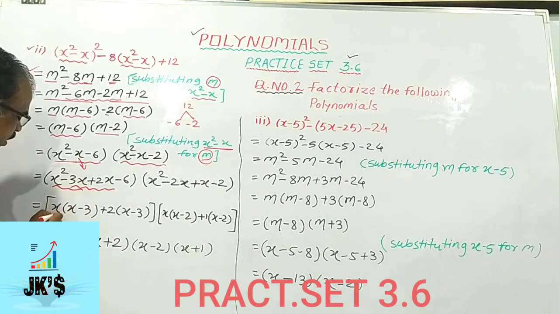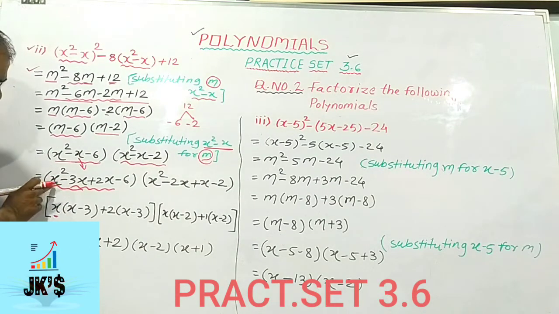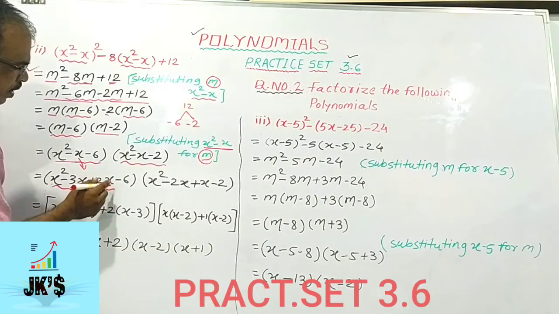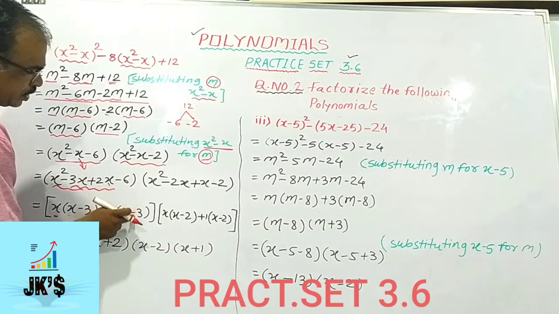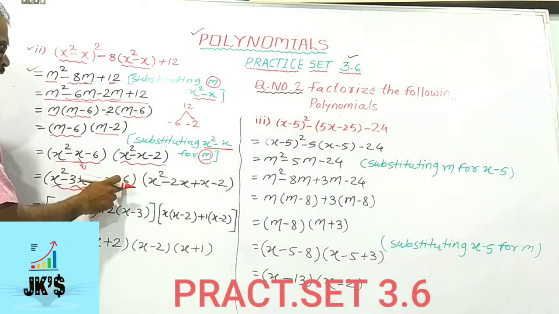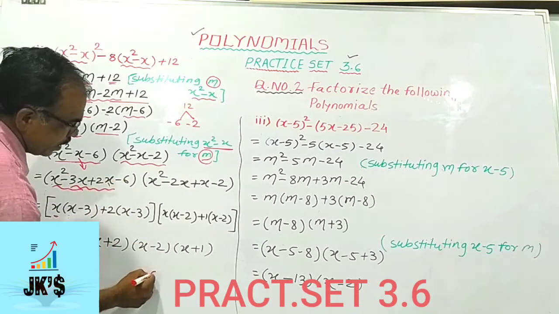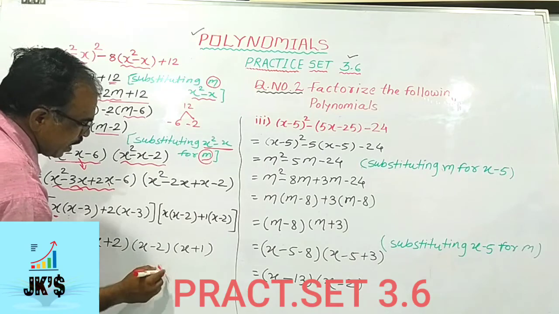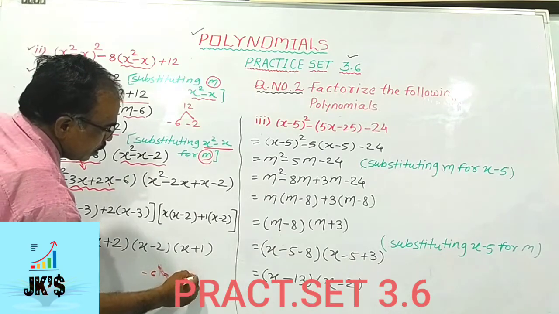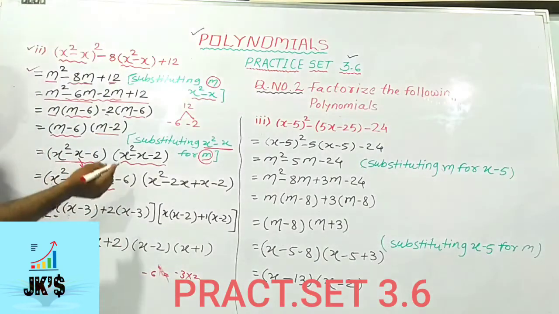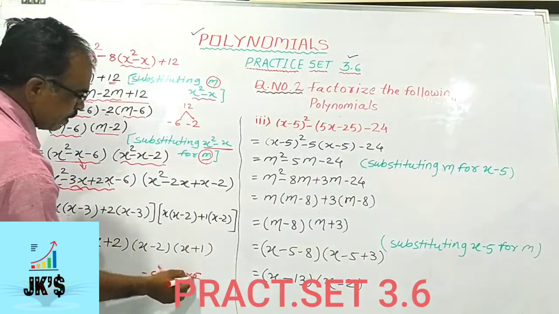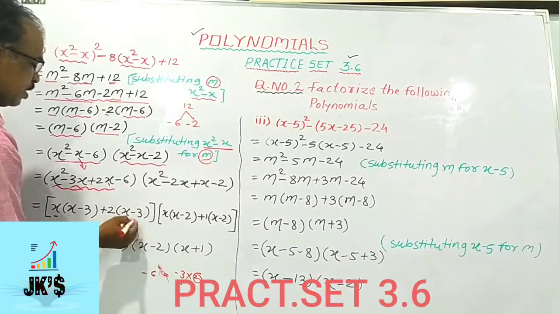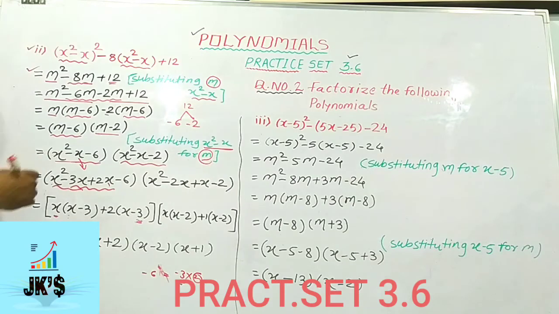Here x is taken common, in the bracket x − 3. Plus 2 is taken common, x − 3, because −6 is written as −3 into 2. So this 2 is taken common, and what remains is −3.